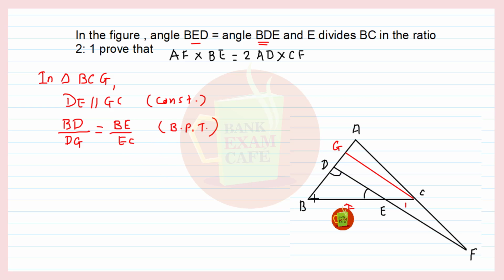But this ratio BE upon EC is 2:1, so this will be 2/1. So BD upon DG is equal to 2/1, because BE is to EC is 2:1, that is given.